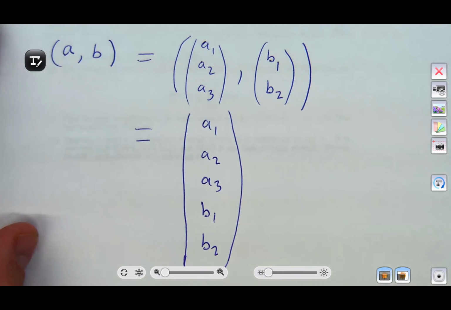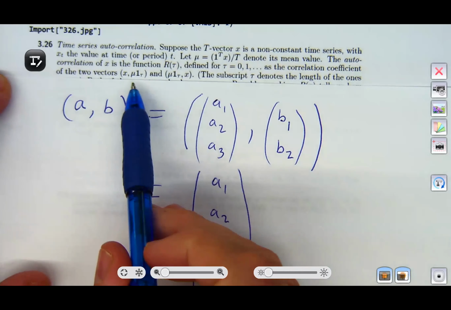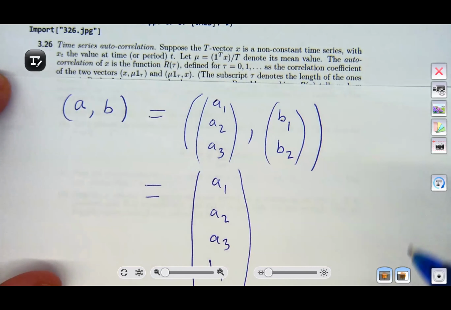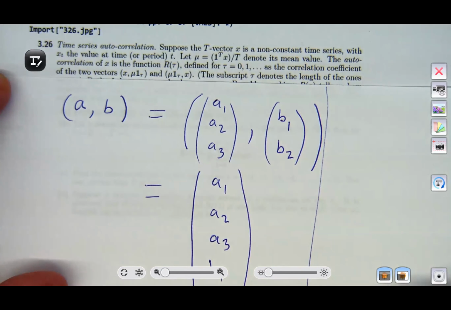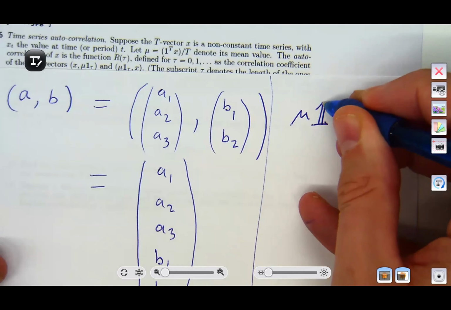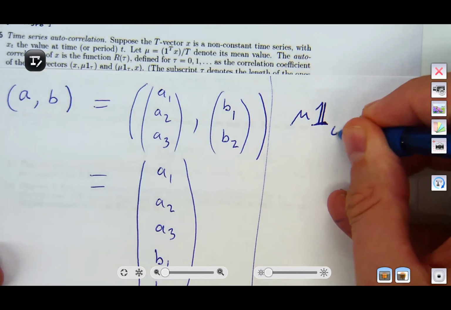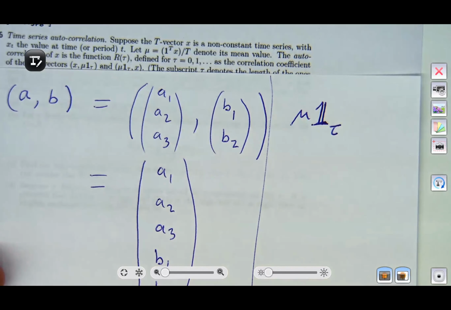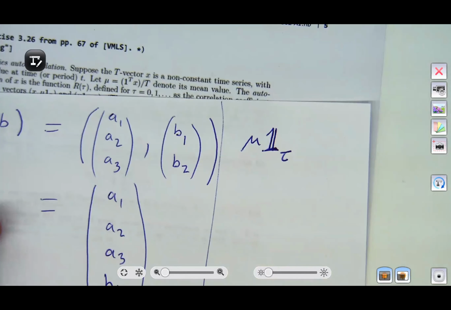All right, good. So now we can talk about this. So here, mu bold 1, and I'm going to make that double struck so I convey that I mean it's bold, with a subscript tau. This one, as you know, is a scalar, and that's just the mean.